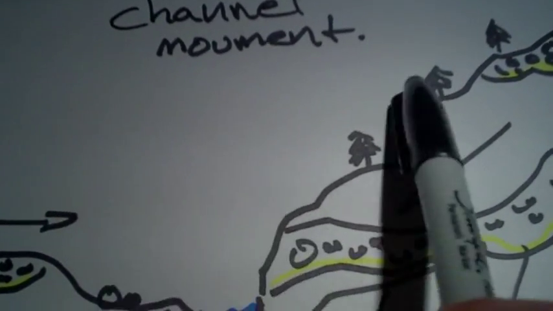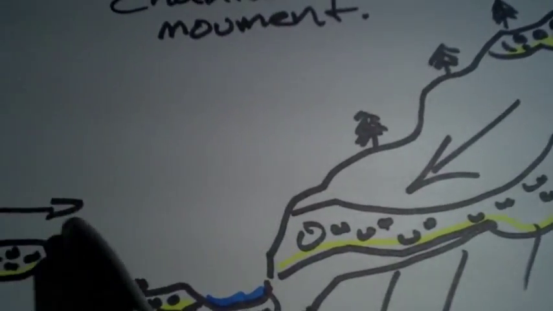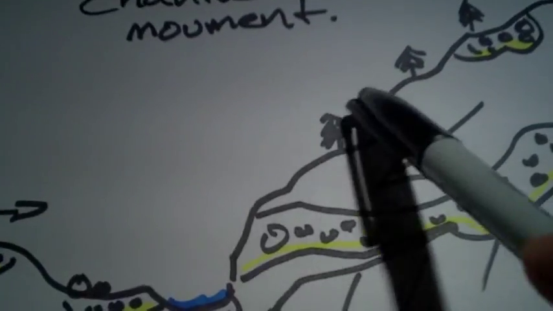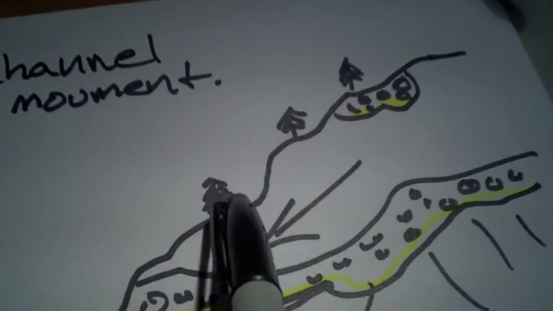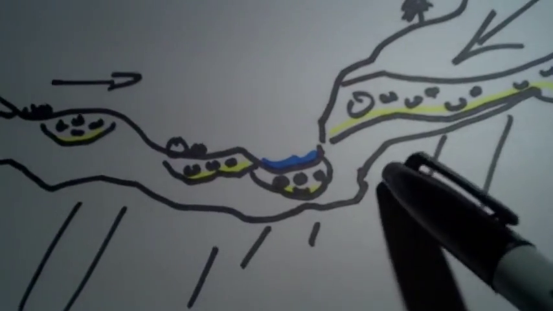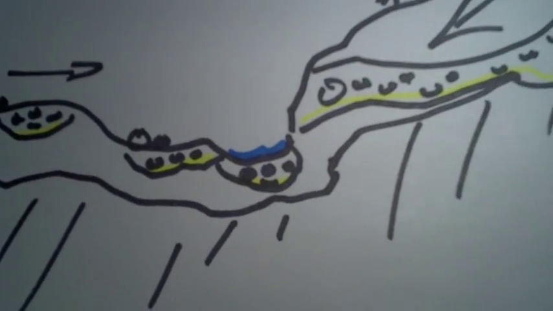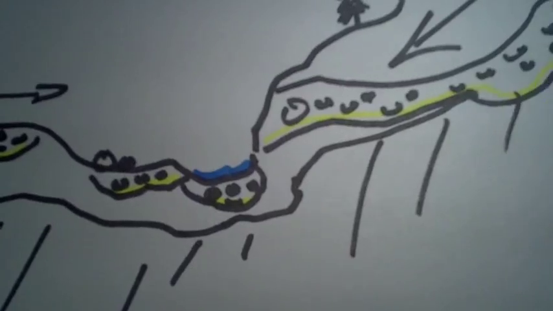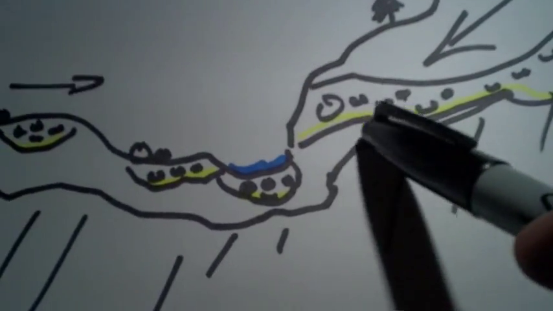The river's braided back and forth and slowly chewed out the valley you see today, so you will find oddly placed channels.